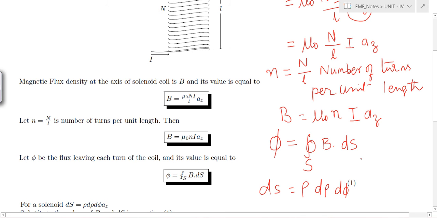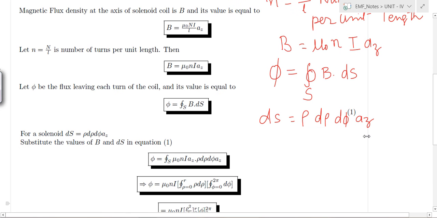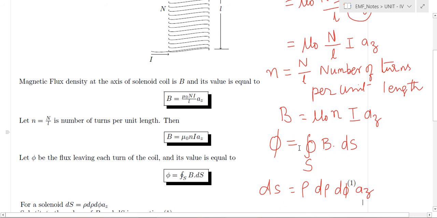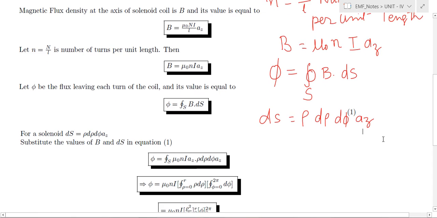The differential area of the surface is equal to rho d phi a_z. So if you substitute these values in the above equation, first we evaluate what is the value of B dot dS.